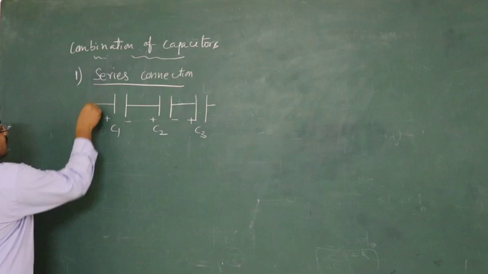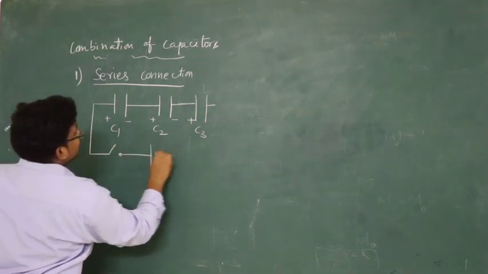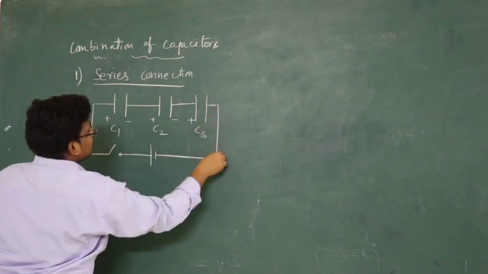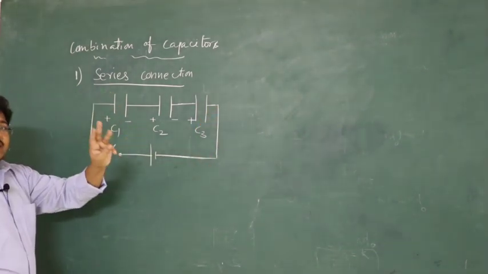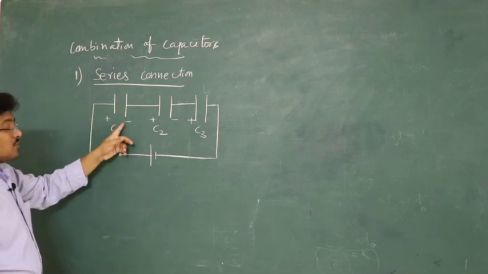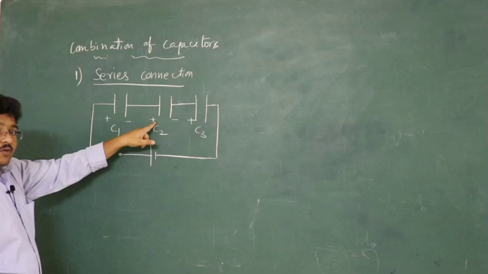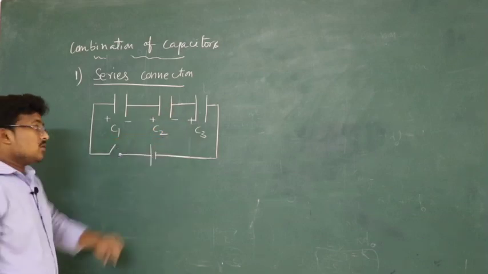Okay. Now with the help of a switch, we will connect a battery. So I have connected 3 capacitors here, and I told you the negative of the first one is connected to the plus of the second one, and the negative of the second one is connected to the positive of the third one.